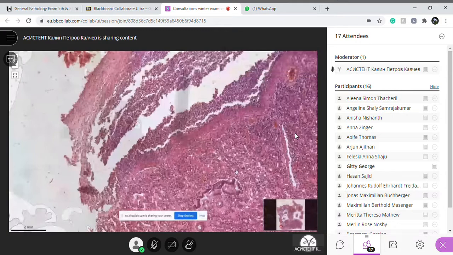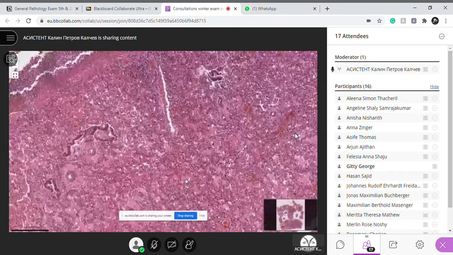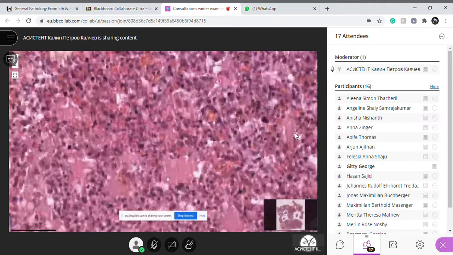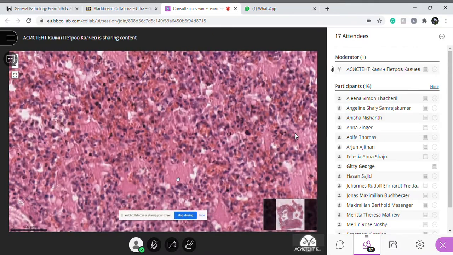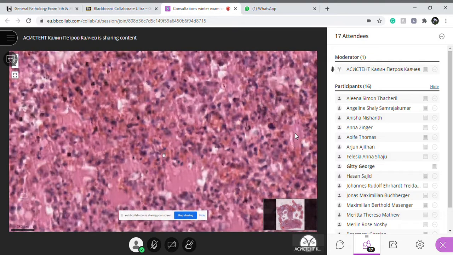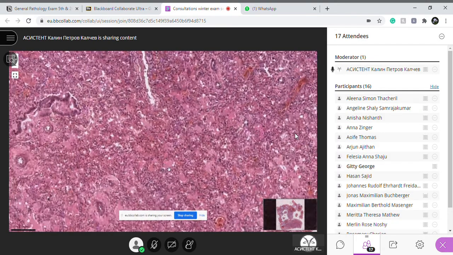And you will see that they are full of some pink fluid, and also that there are some inflammatory cells in those alveoli. So that means that we have a lung with inflammation. That means pneumonia.